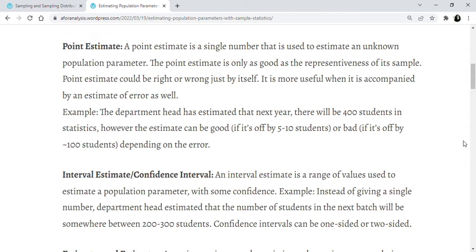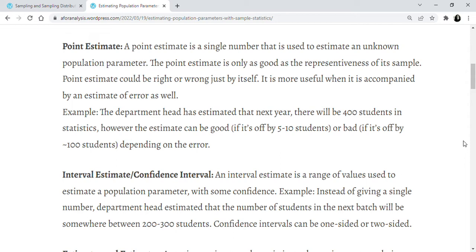So we have to assume our sample is a good enough representation of the population; only then will the point estimate be a good representation of the population parameter. If the sample is not good, then the point estimate will also be bad.